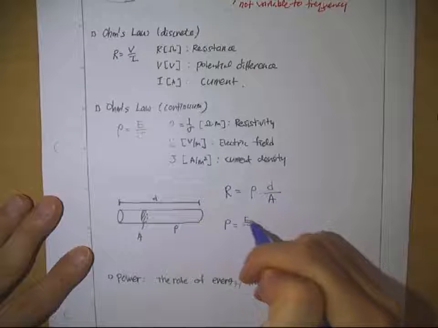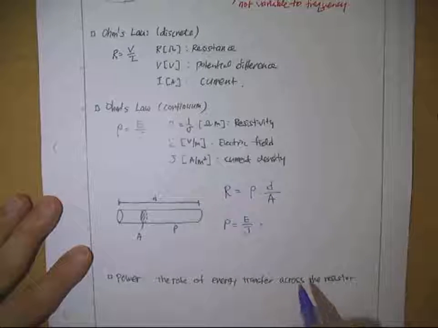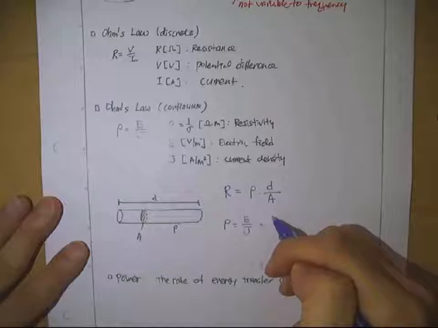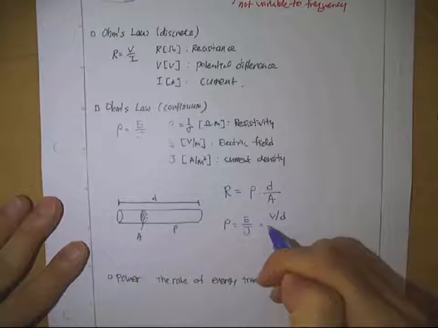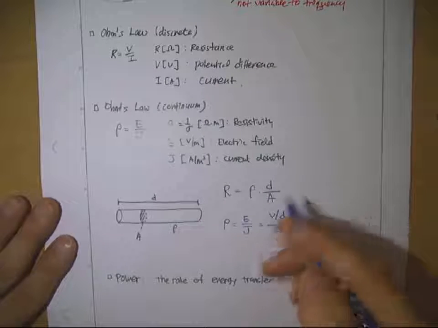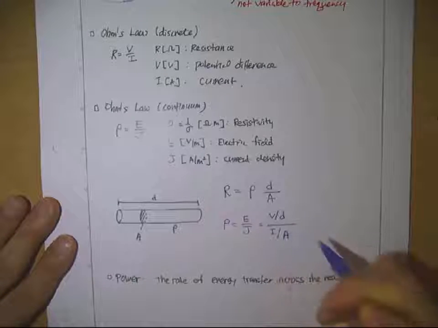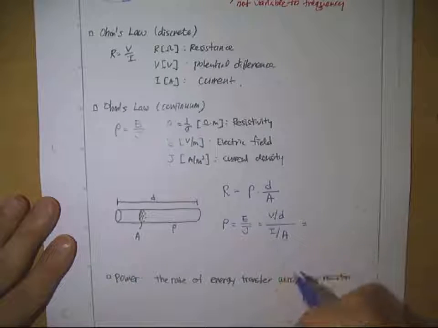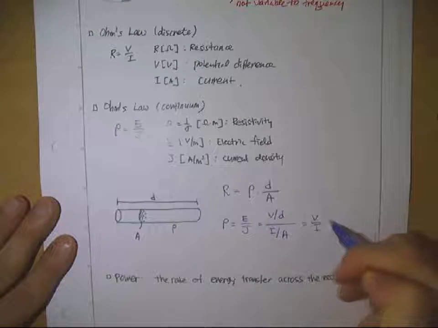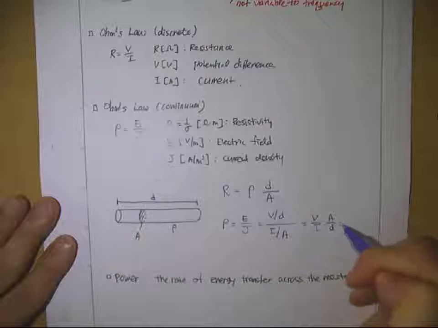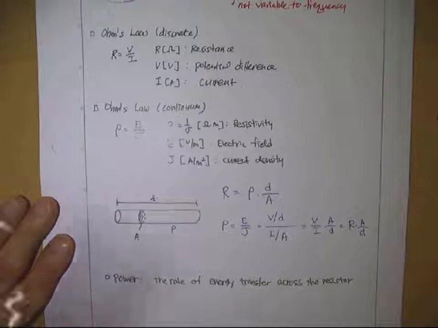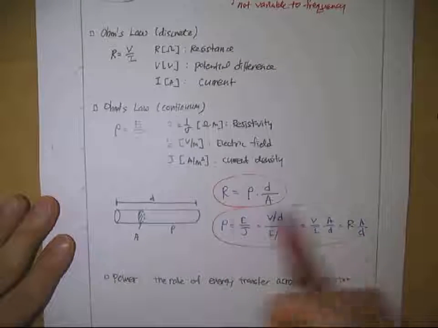The rho is E over J, and the electrical field is what? Voltage over distance, right? So potential difference over distance, and J is the current over the area, so I over area. So then you get V over I times A over D, that's R A over D. So basically these two equations are the same.